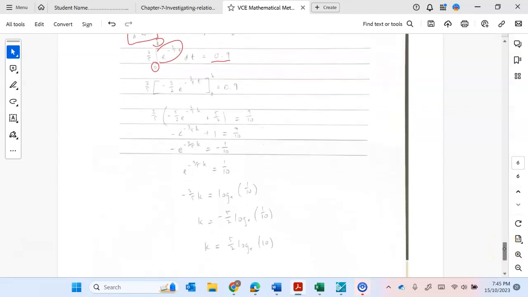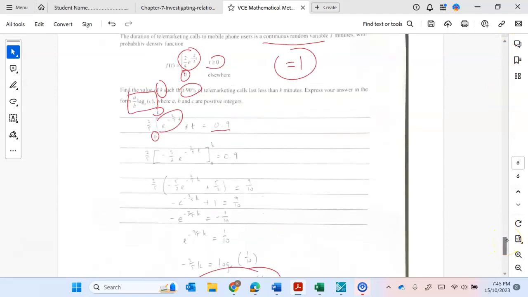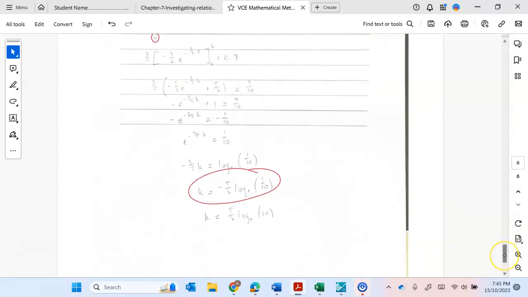Okay, so getting to this point here, I thought, oh yeah, I'm done, and then I had to check. If I go back up here, it does say that they're all positive integers. So basically this -5 on 2 is the same as -1 times 5 on 2.